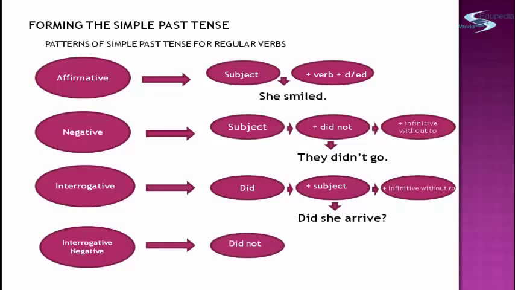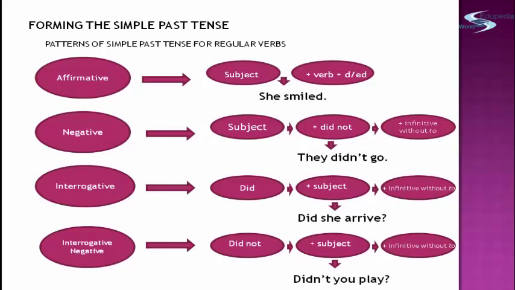So we have the pattern did not plus the subject plus the infinitive without to. So we have an example. Didn't you play? Didn't is the shortcut of the phrase did not. This is in the interrogative negative because it is in question form. You is the subject and then play is the infinitive without to.